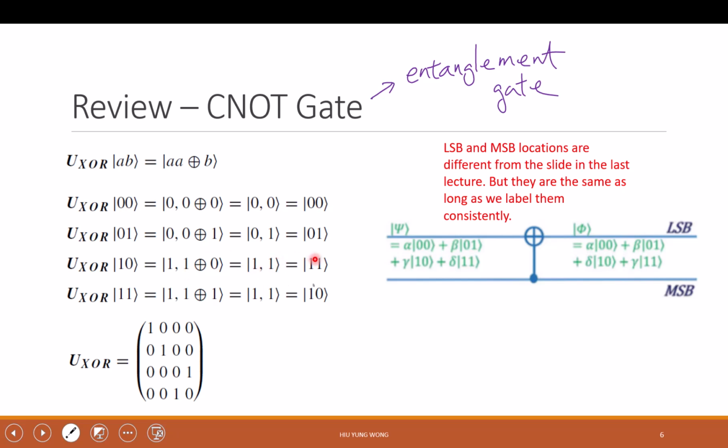So this becomes 1, 1, because 1 exclusive or 0 is 1. So it changed 1, 0 to 1, 1. It rotates the basis state from 1, 0 to 1, 1. And similarly, 1, 1 to 1, 0. Any question? This is very important. If you cannot understand what I'm talking about, then you cannot appreciate more complicated gates.